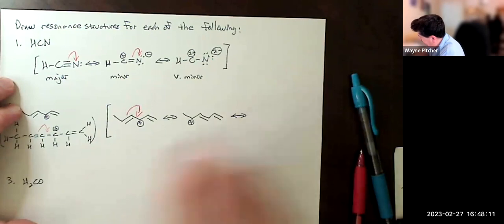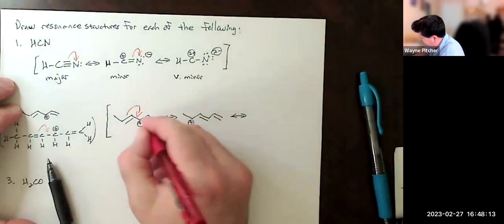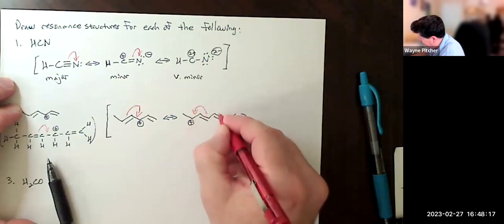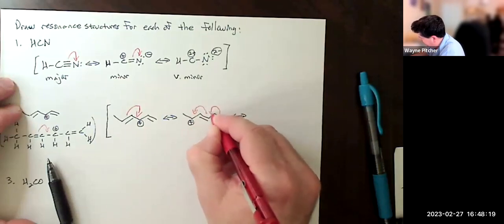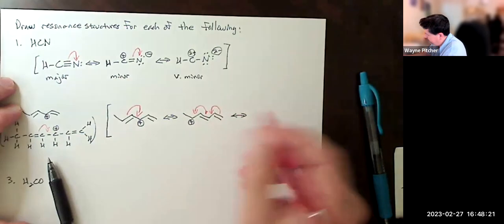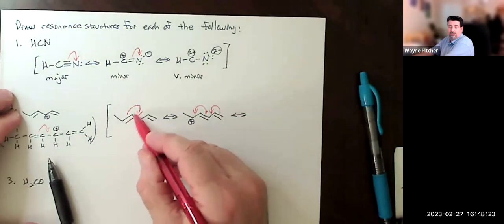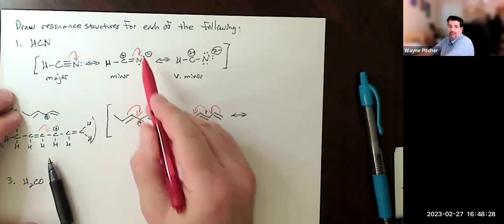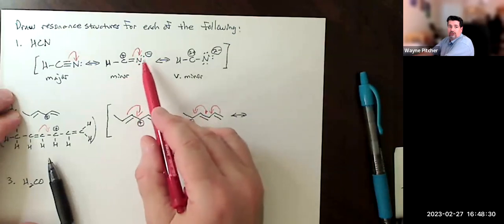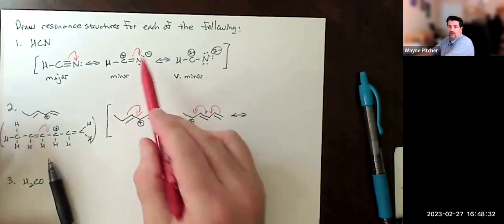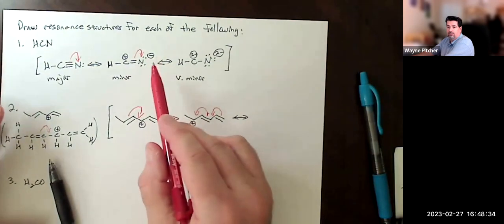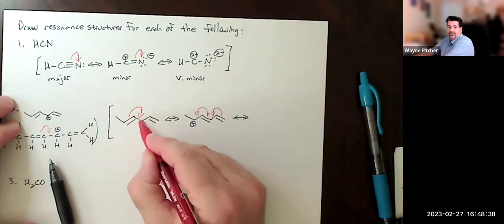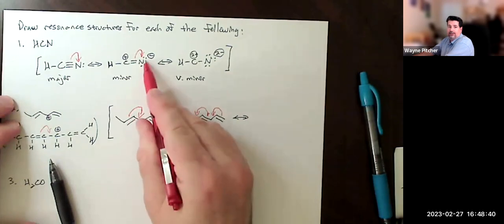Okay, now I could have gone the other way, so I'll just go back. I'll push those electrons back, and then I'll push those electrons over. And notice that my arrows are starting with a pair of electrons and ending at a bond or at an atom. So your arrows are always going to start with a pair of electrons, either from a bond or lone pair, and they're going to end at a bond or an atom.